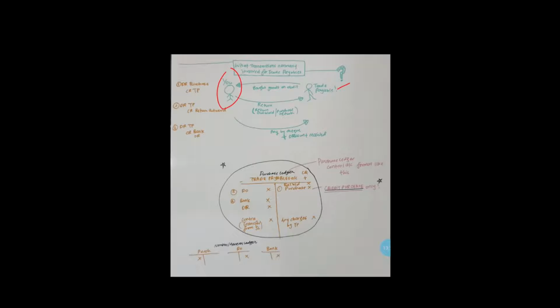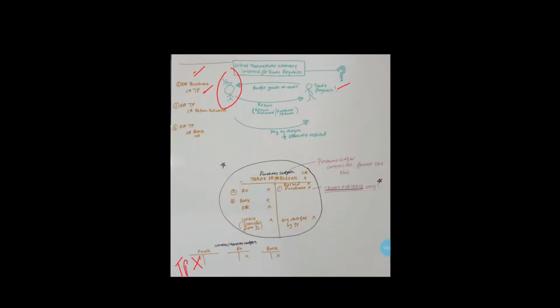Trade payables is a supplier whom you buy on credit. So you buy goods on credit, debit purchase, credit trade payables, because purchase coming in, the supplier's goods going out. So you see your purchase in, and then here you will write trade payables. This is the double entry.